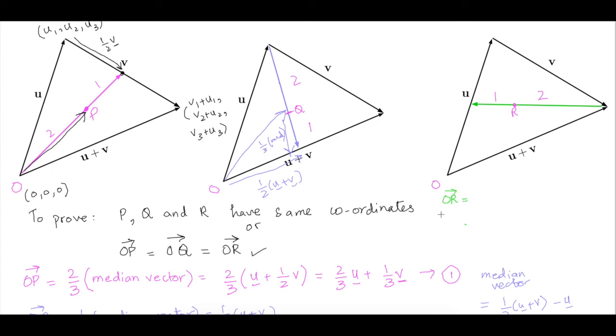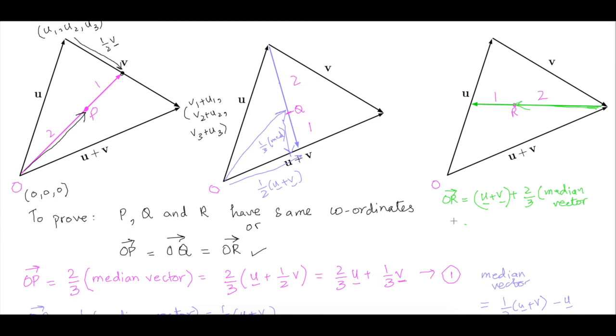OR is equal to U plus V plus 2/3 of the median vector, which means this U plus V plus this part up to here. So what is the median vector then?